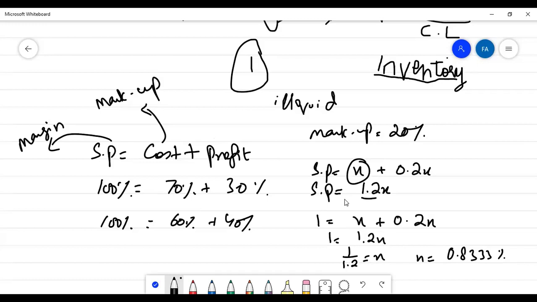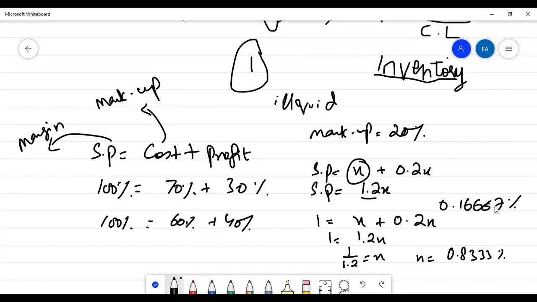X was the cost, and you got this thing in your mind that X was the cost, and you need to calculate the selling price. So from 0.833, what will be the profit? If your selling price is 100 and your cost is 0.8333, 1 minus 0.8333 would be 16.66%, 0.16667.